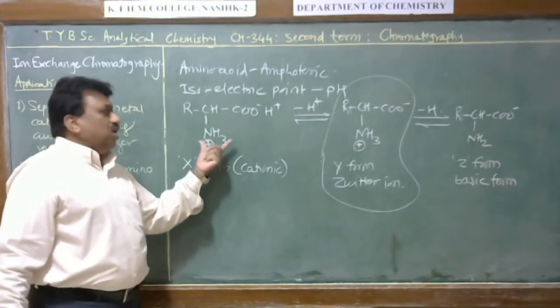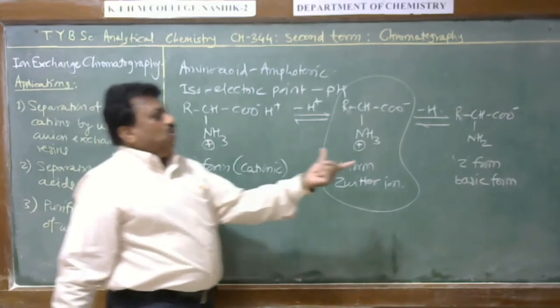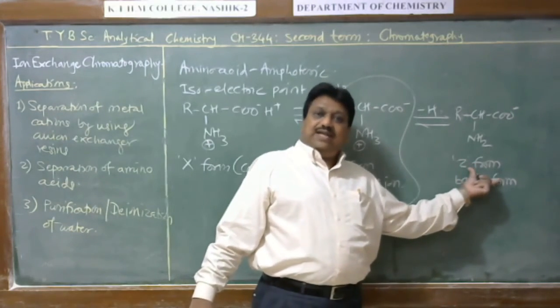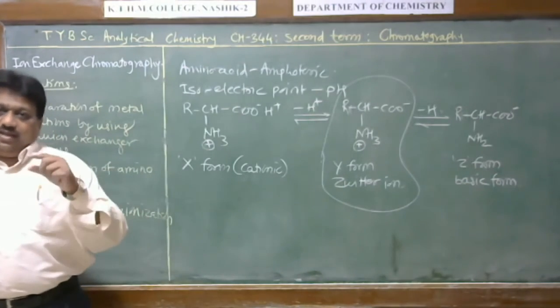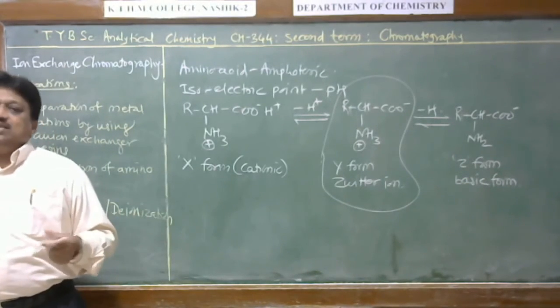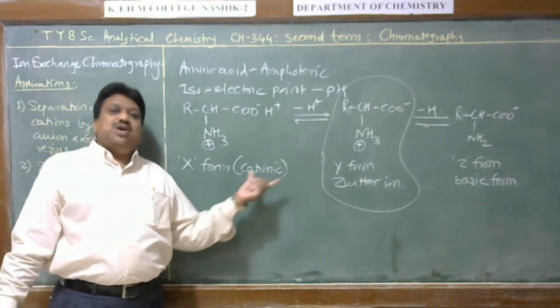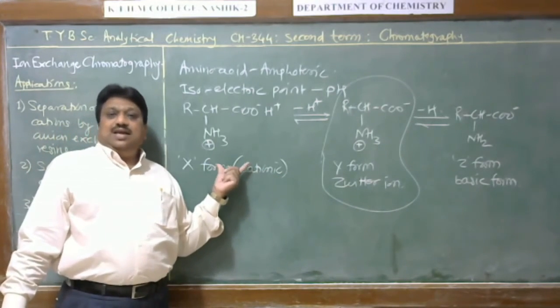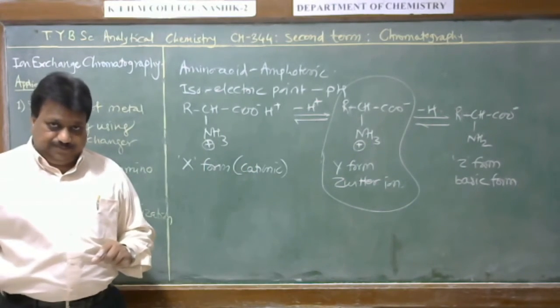That means this form will be adsorbed on a cation exchanger resin, this form will be adsorbed on an anion exchanger resin, and the zwitter ion will be eluted with the solvent. In this way we can separate these 3 amino acids by using a cation exchanger resin and an anion exchanger resin.